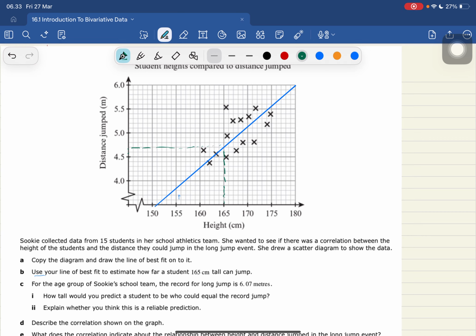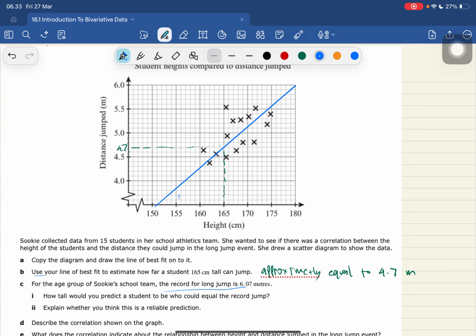Okay, here is 4.7. So approximately equal to 4.7 meters.